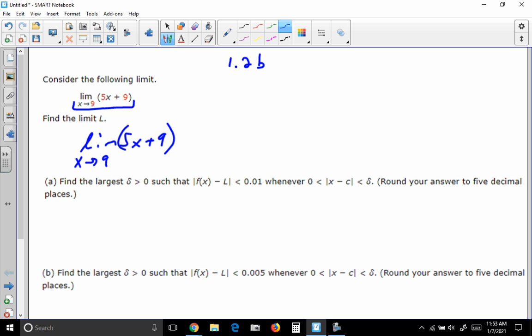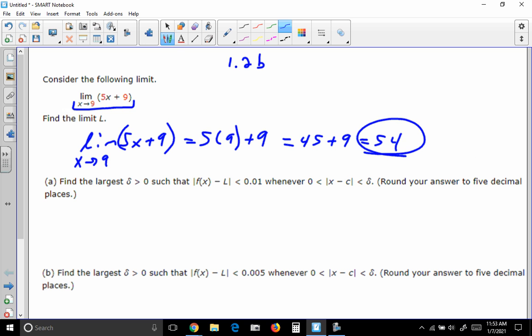If we can directly substitute our value in and it's not undefined or indeterminate, then our limit is our answer. So 5 times 9 is 45, plus 9 is 54. So the limit here is 54.